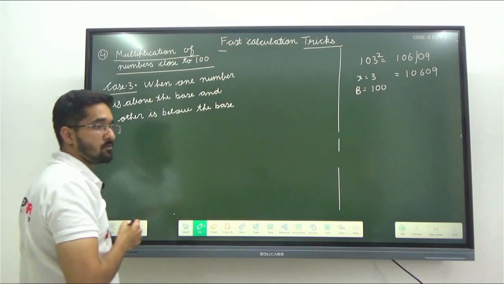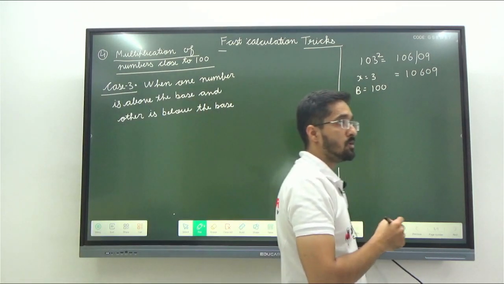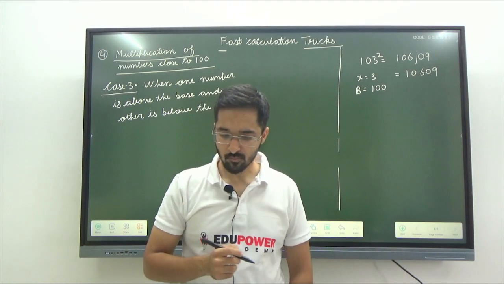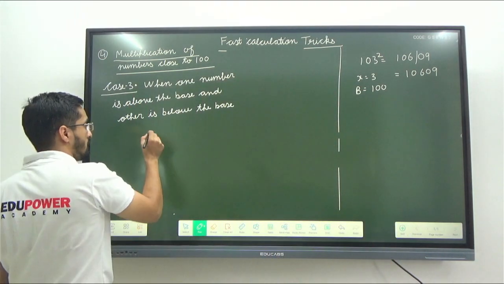When one number is above the base, another number is below the base. For example, you have to find 107 into 92.